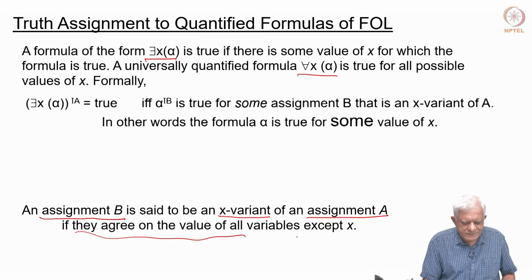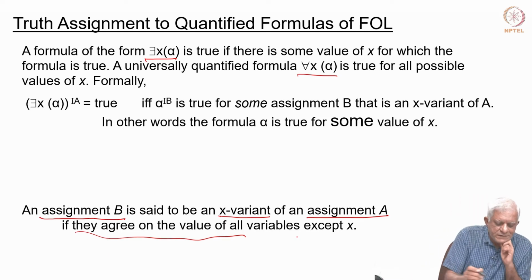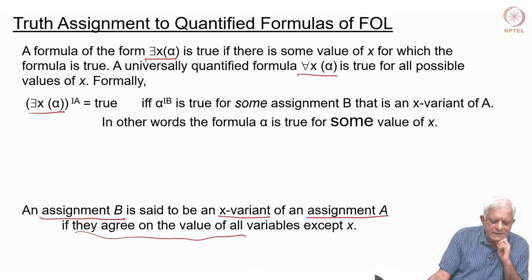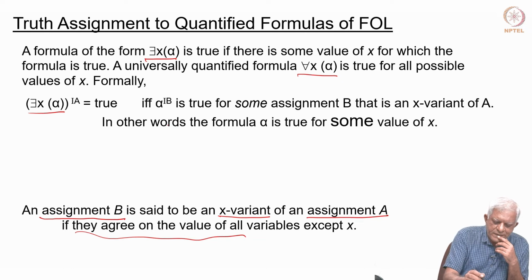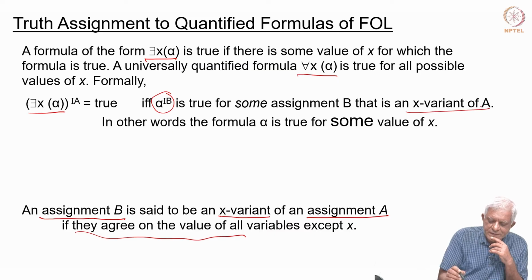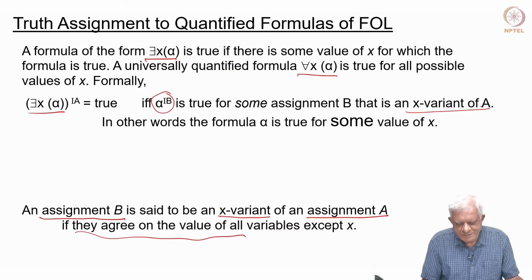So, we use this notation and then we say that a formula like there exists x alpha is true. Whenever a formula is true, we have to say okay, we are specifying the mapping and we are specifying the assignment is true essentially. We say that such a formula is true if there is another mapping B which is an x variant of A and it is true for that mapping essentially.